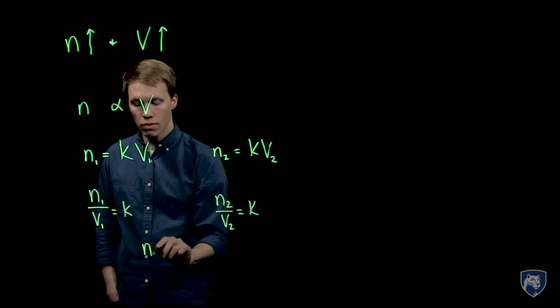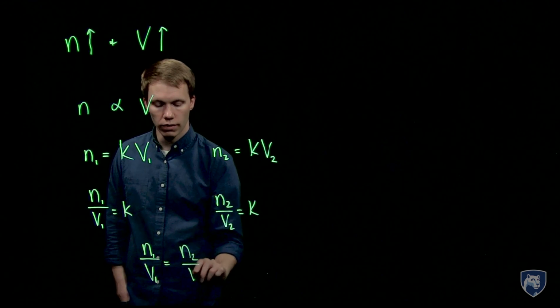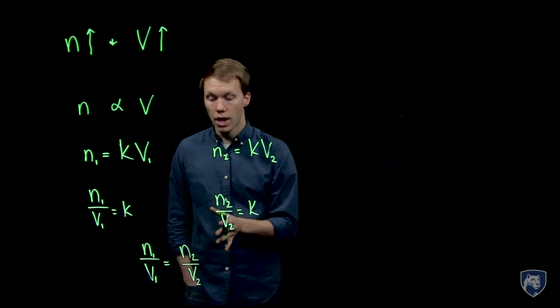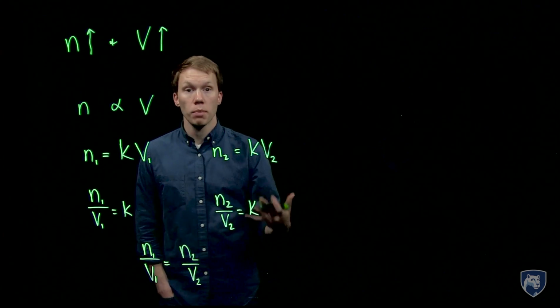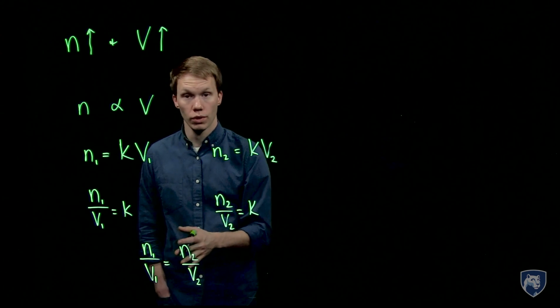So we have N1 over V1 equals N2 over V2. And this is Avogadro's law, where the other two variables, pressure and temperature, must be constant for this to hold true.